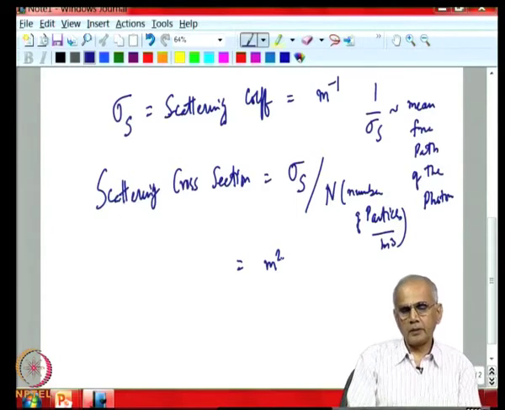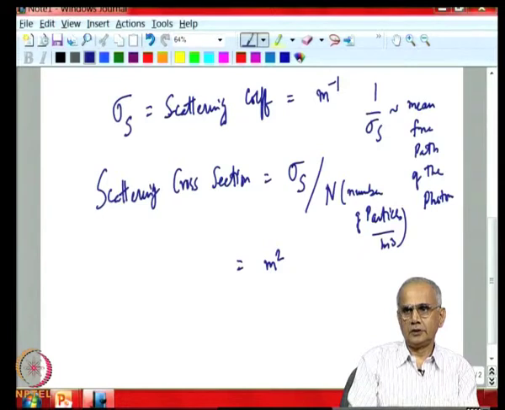So, a lot of people like the term scattering cross section because it gives an idea of the approximate surface area which is influenced by scattering.